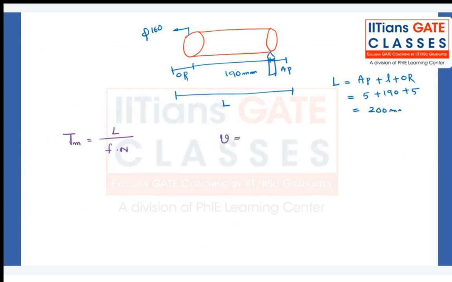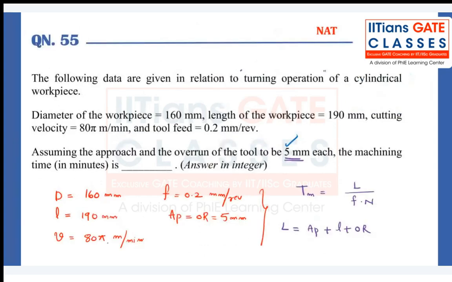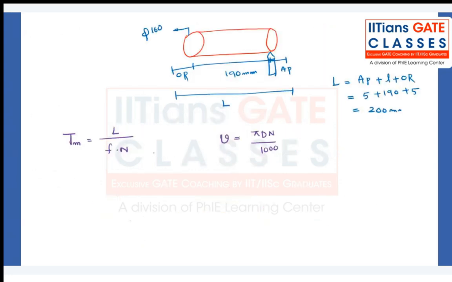So cutting velocity is equal to pi D N by 1000. Now V is given, cutting velocity is 80 pi. So 80 pi is equal to pi into 160 into N divided by 1000.